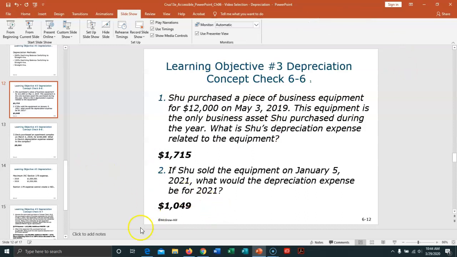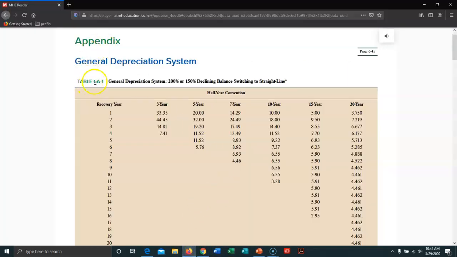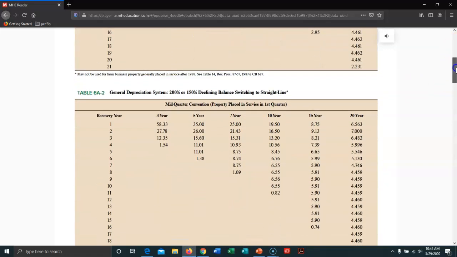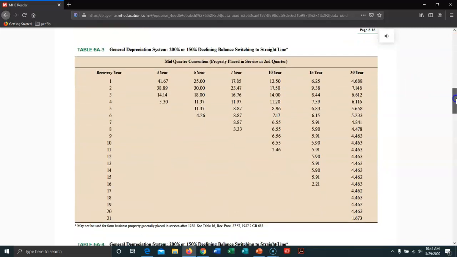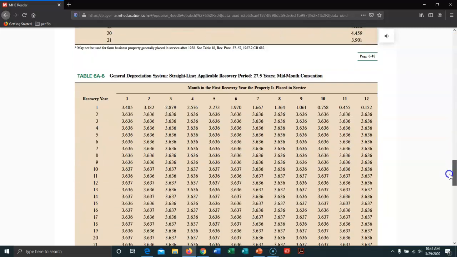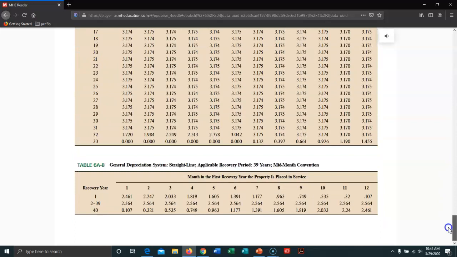Okay, so I want to go back over here to our charts. And so whenever we're talking about personalty, once again, we're going to use table 6A-1. And now I want to roll down here. Don't worry about any of these other tables. This is the one I want you to focus on, this very last one, table 6A-8.